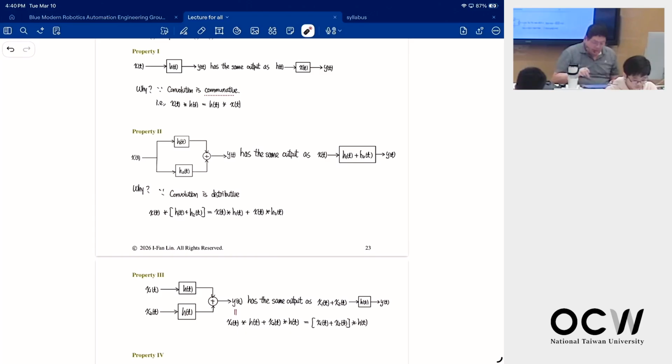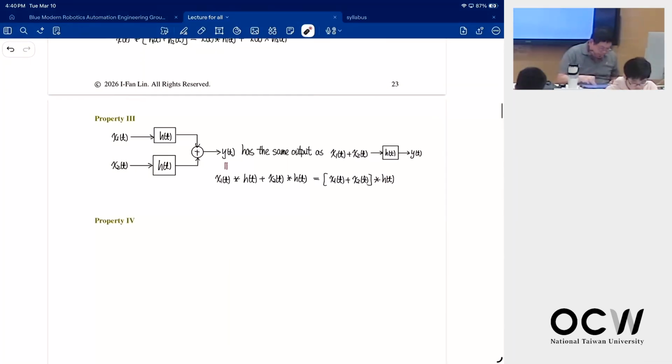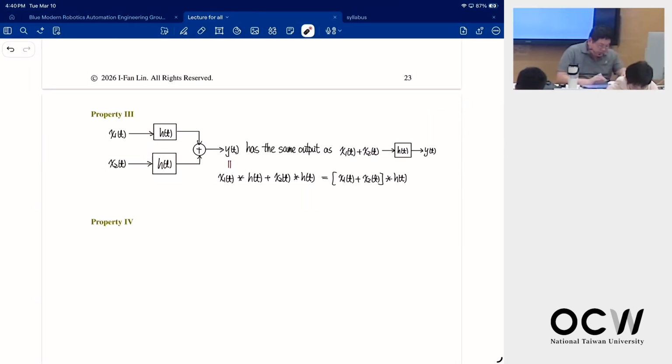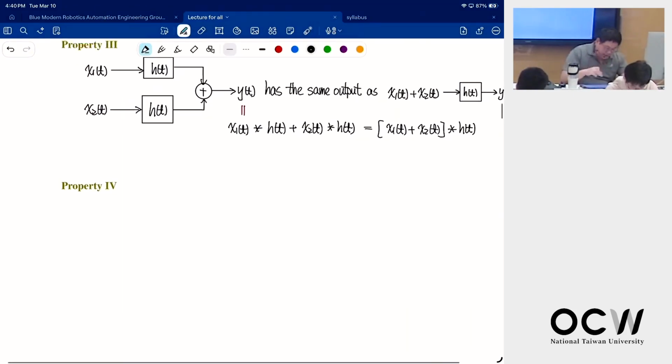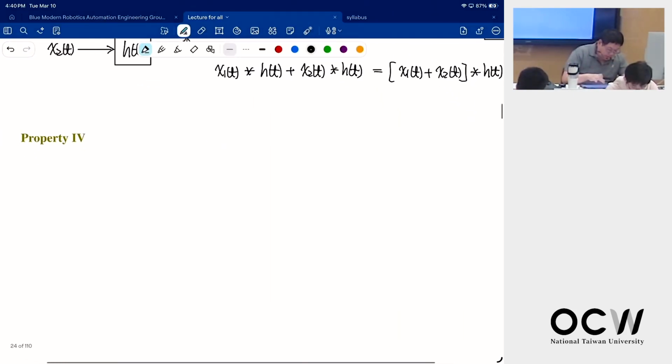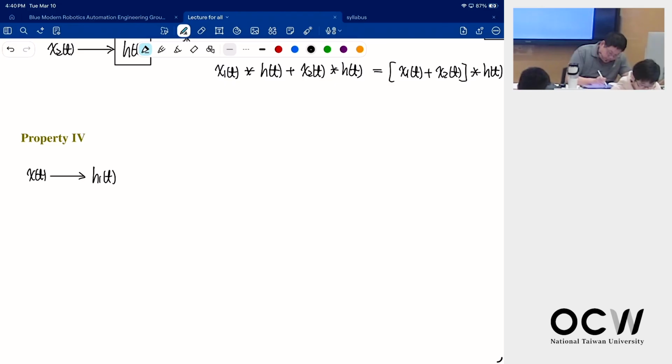Alright, next. Let's have two systems and they cascade. So x goes to h1 first, the first system, and then they go to the second system.